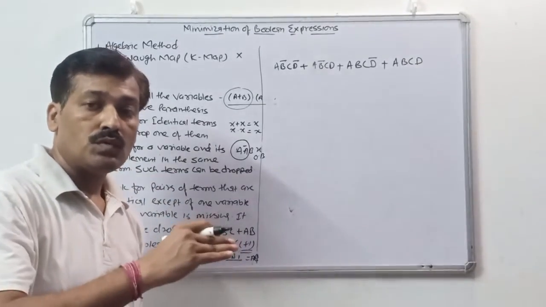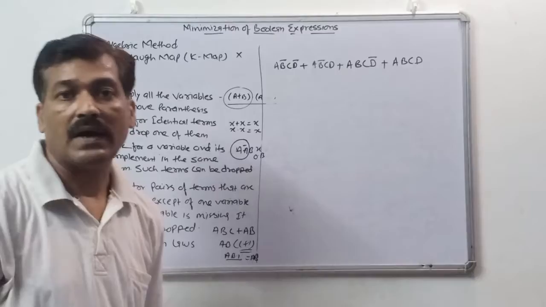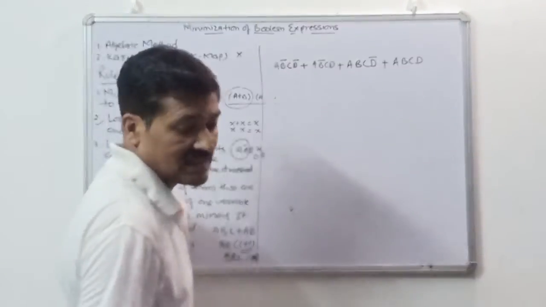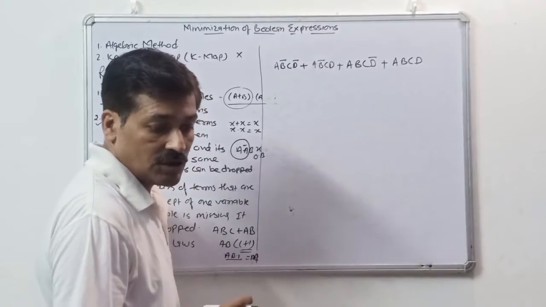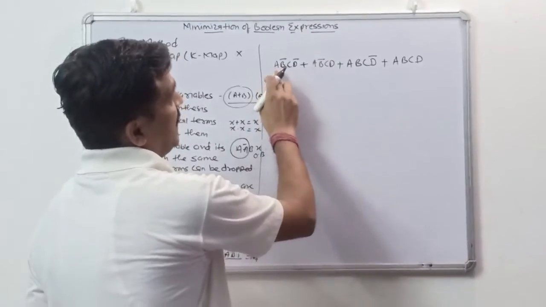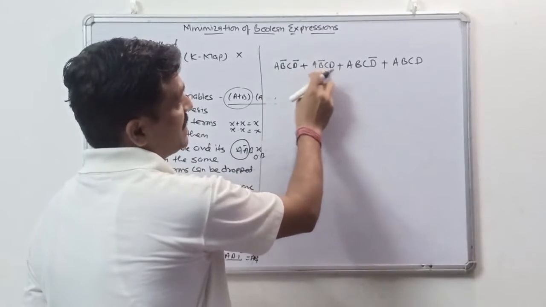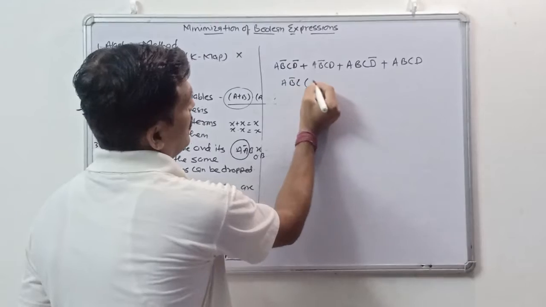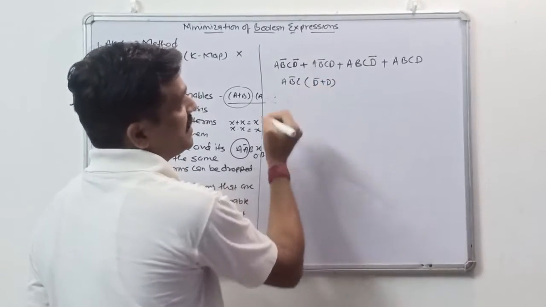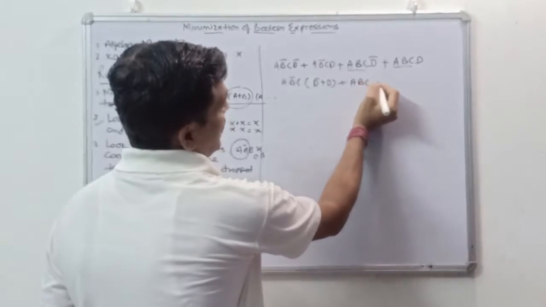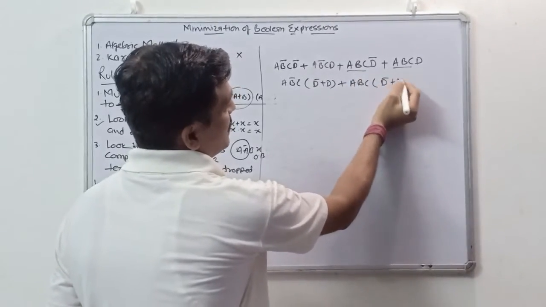No parentheses are given. So look for the terms which can be removed from here. a b bar c is common in the first two terms. We have taken it, it is d bar plus d. Here a b c are common, so plus a b c into d bar plus d.